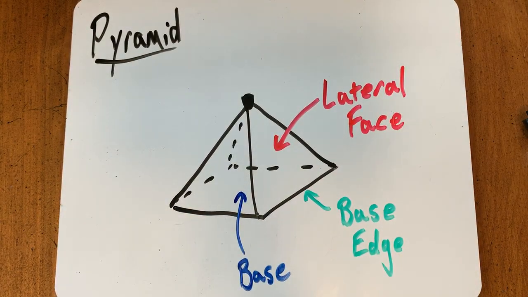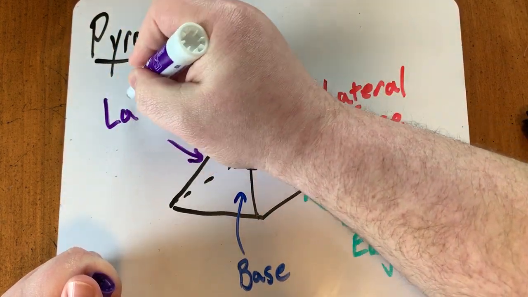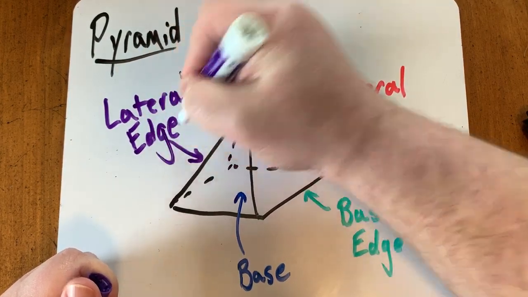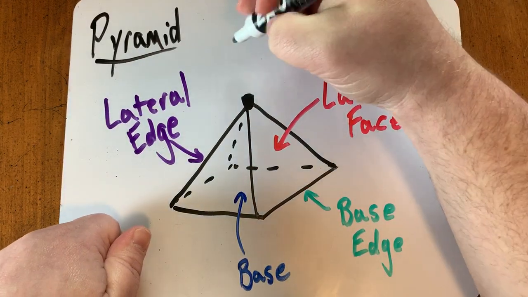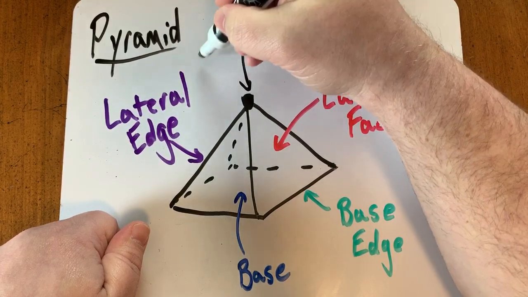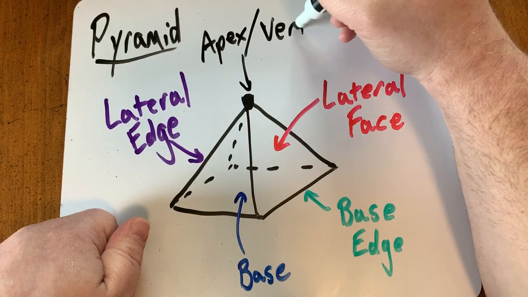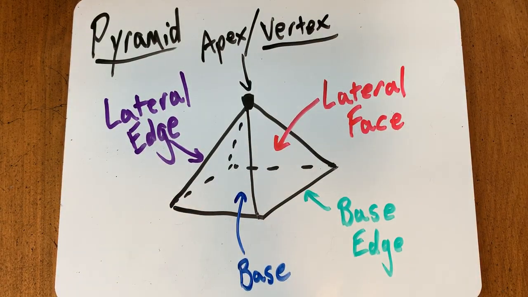And where the triangles meet are called the lateral edges. And the lateral edges all intersect at a point called either the vertex or the apex. Either is acceptable. More often than not, it's referred to as the vertex, but they're interchangeable.